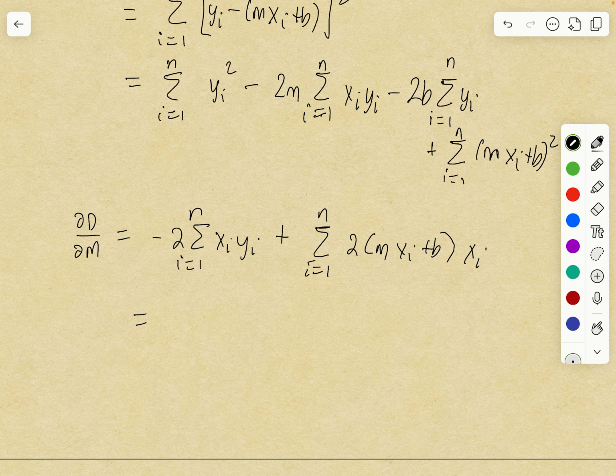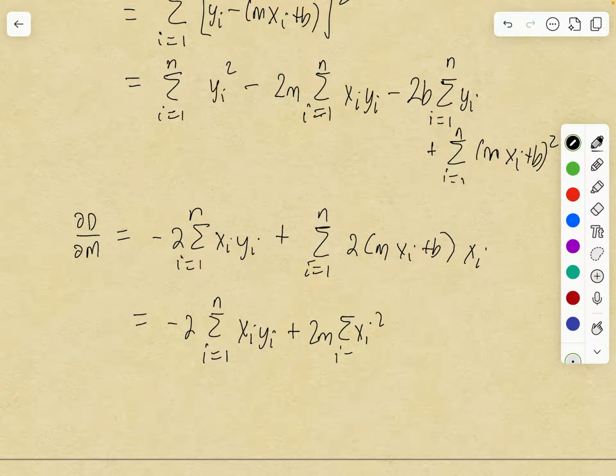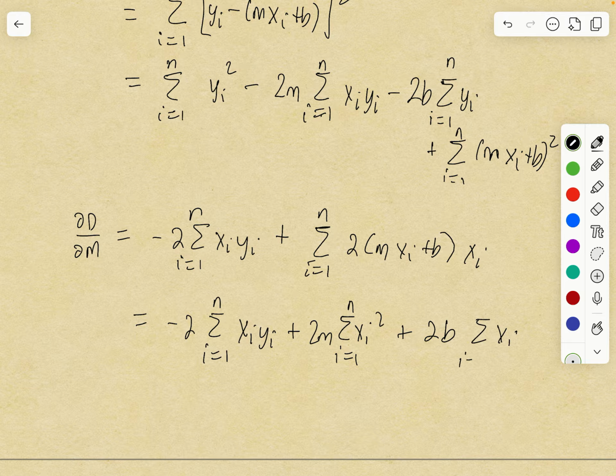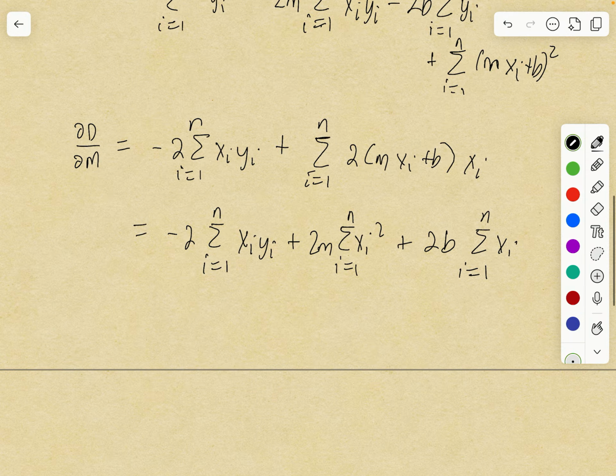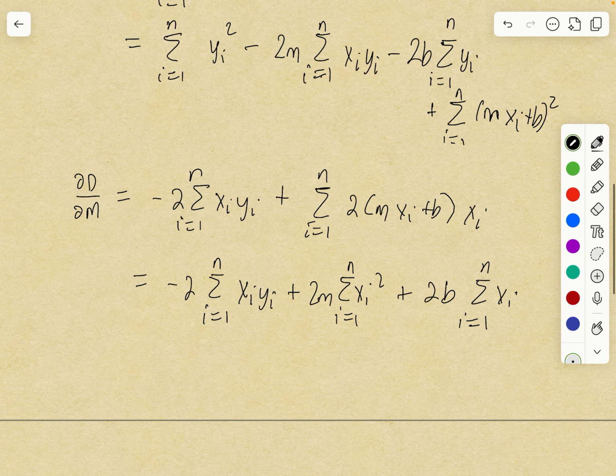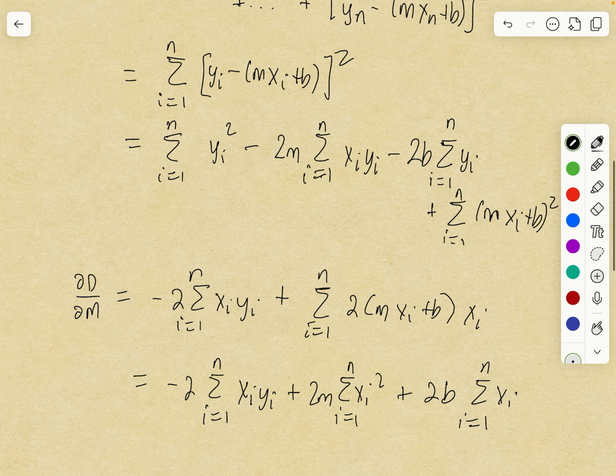Okay, and I'm going to rewrite this as negative 2 times the sum from i equals 1 to n of xiyi plus 2m times the sum of xi squared from i equals 1 to n plus 2b times the sum of the xi from i equals 1 to n. So that's the partial derivative of D with respect to m.